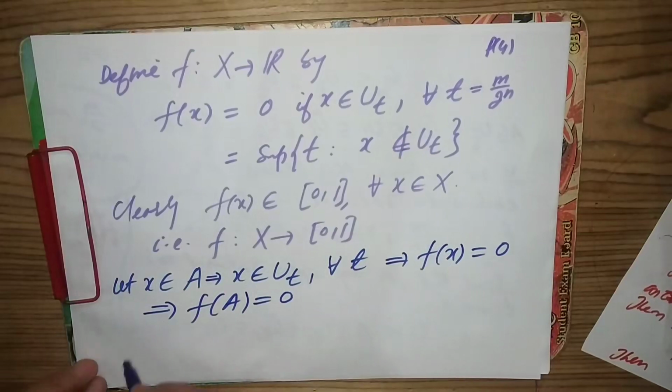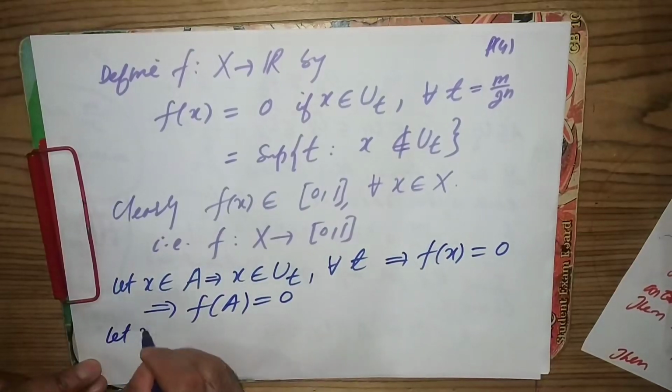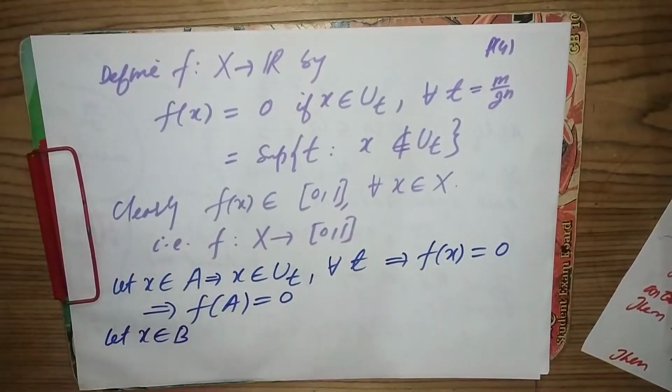Now second, let X belong to B. If X is in B, then we show that its value is 1. If X is in B, it means that X is not in B complement.